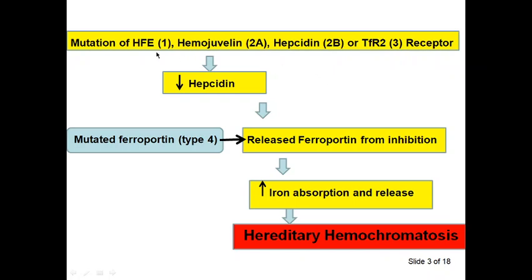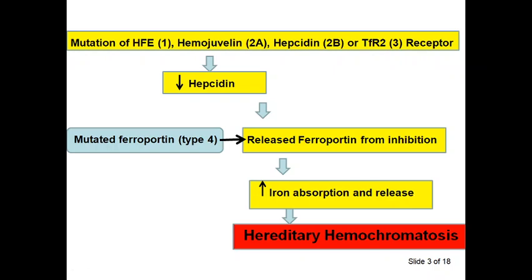All such conditions, types 1, 2, and 3, would result in decreased synthesis of hepcidin. As a result, the ferroportin will be released from the inhibitory effect of hepcidin, with increased iron absorption from the intestine and release from macrophages and liver.